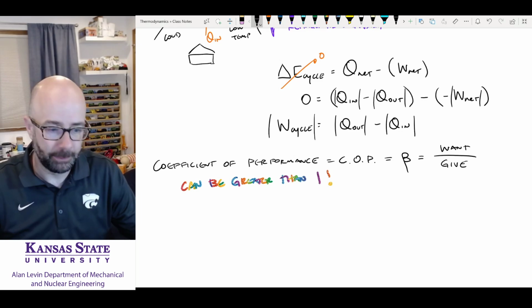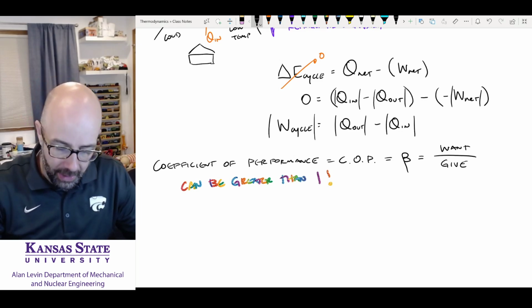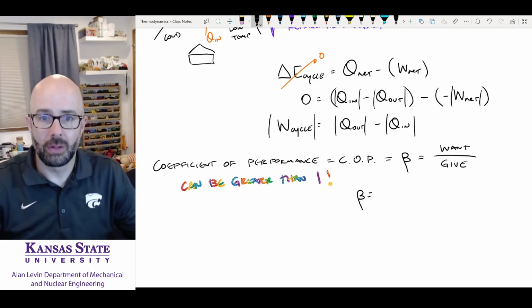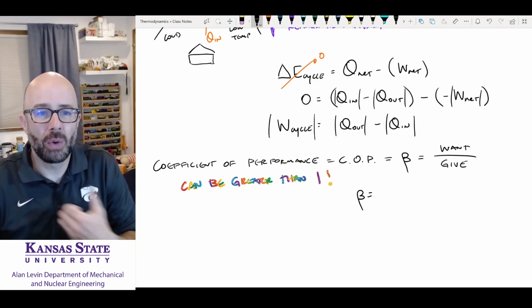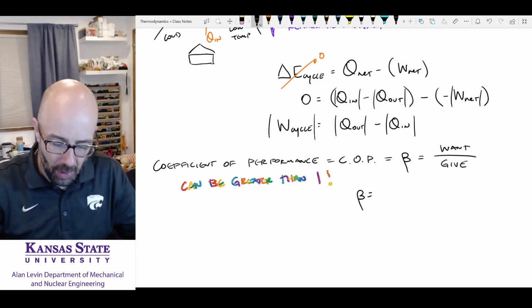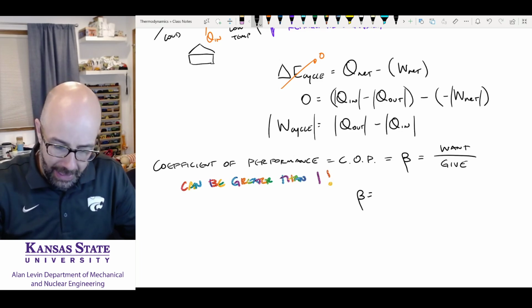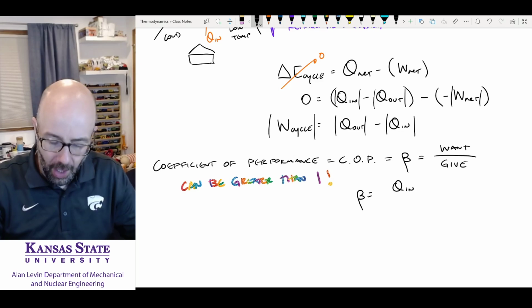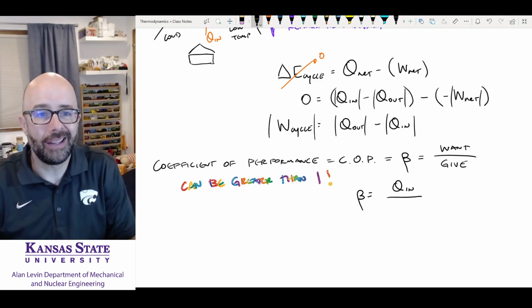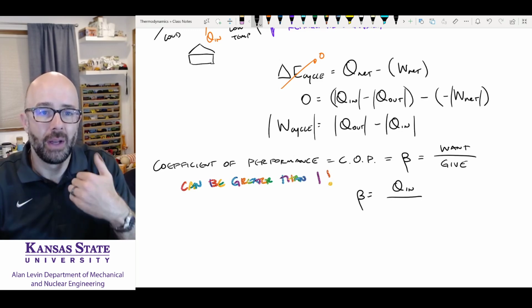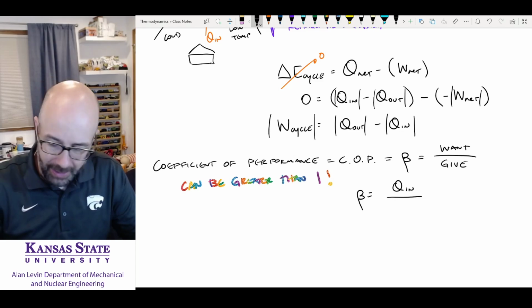Okay, beta. So what is it that we want in a refrigeration cycle? We want to keep cool. We want our pie to cool off, we want our bodies to cool off. So we want Q in. What do we have to give for that to occur? Well, we've got to plug in our refrigerator, put power to our air conditioning system.